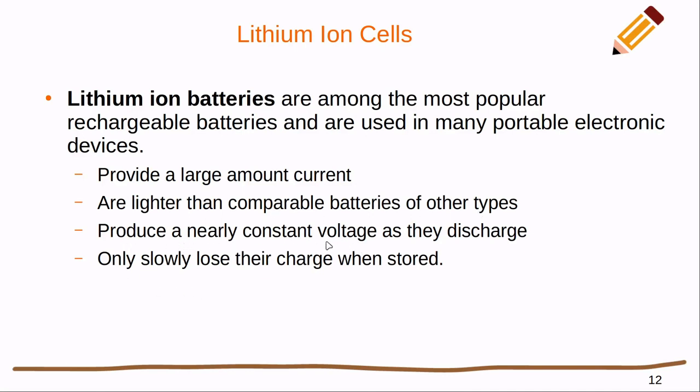They produce nearly constant voltage as they discharge, and this is very important for electronic devices. Think about it, you probably put some alkaline batteries in a TV remote, and before it completely goes dead, it stops working so well.